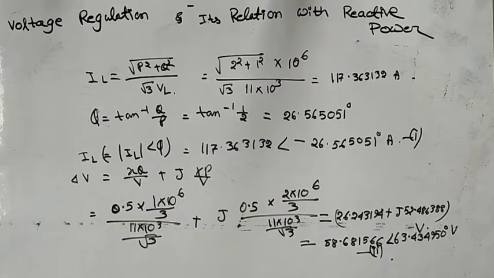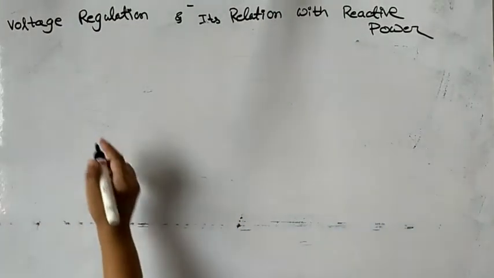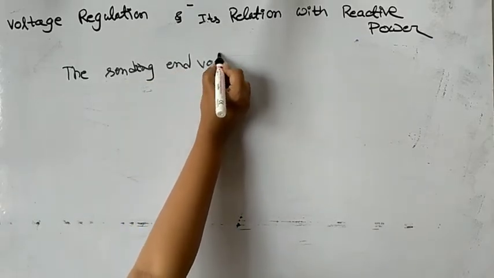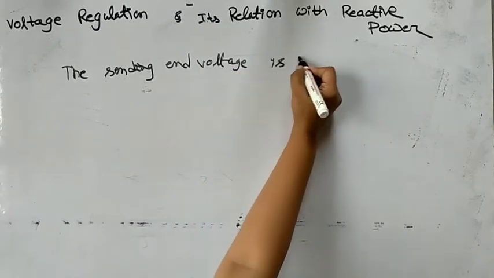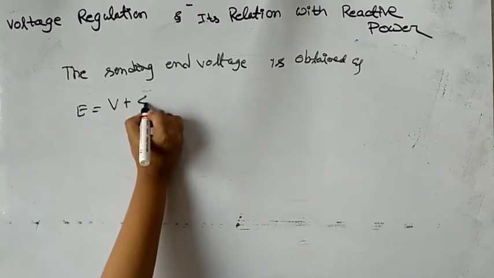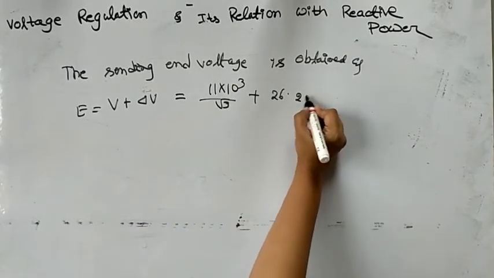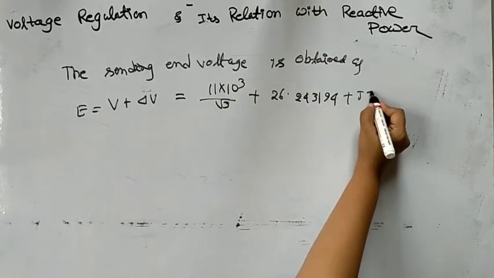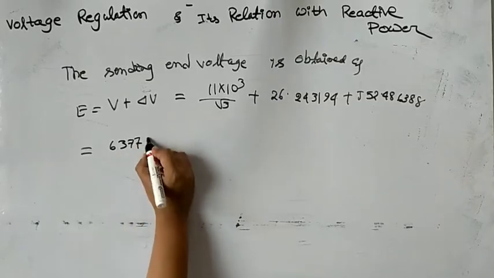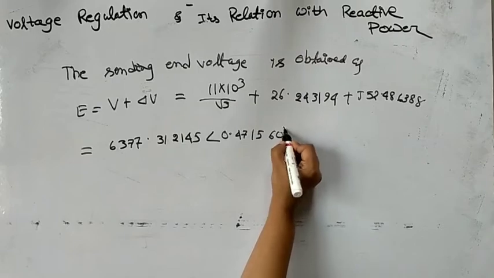Now the sending end voltage is obtained as E equals V plus delta V, equals 11 into 10 cube by root 3 plus 26.243194 plus j 52.486388, which equals 6377.312145 angle 0.471560 degree volt per phase.